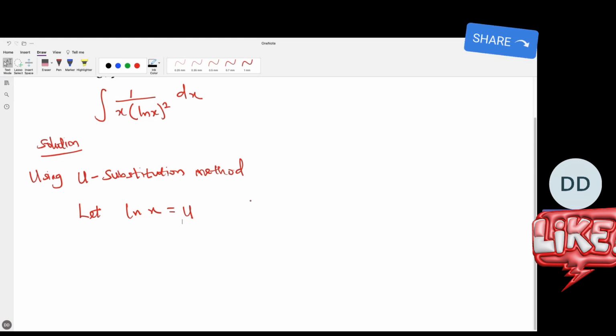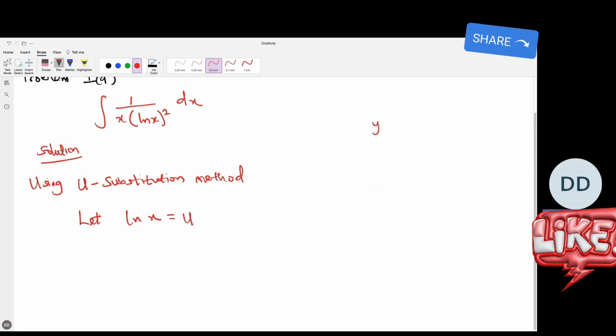We are here to grow, to learn and get better. We are differentiating with respect to x because x is the independent variable. So let's say for instance I say y equals 2x plus 5.